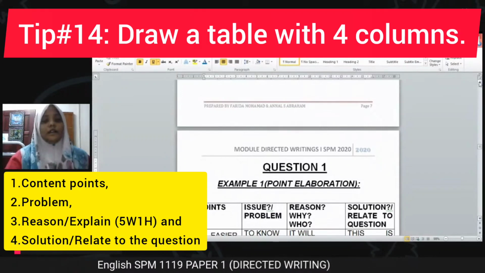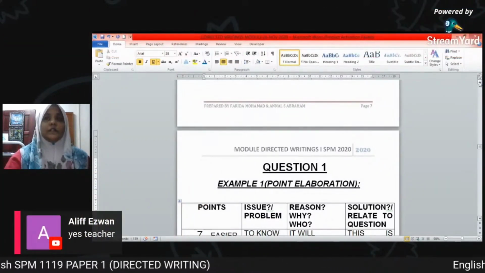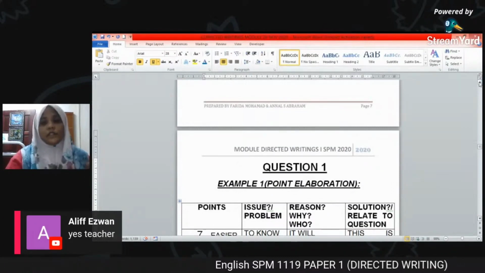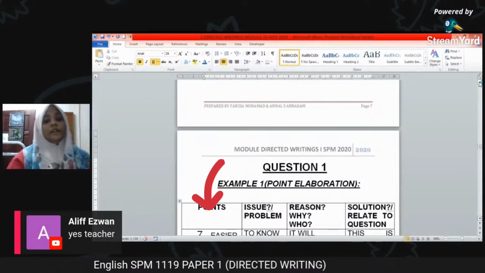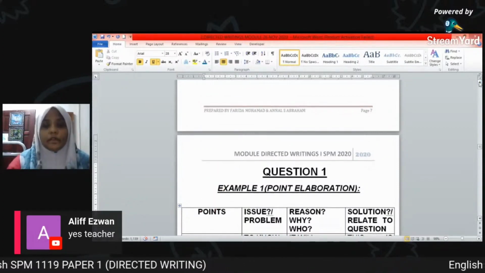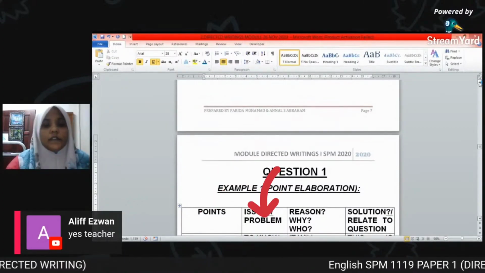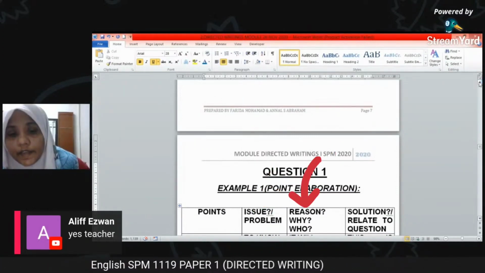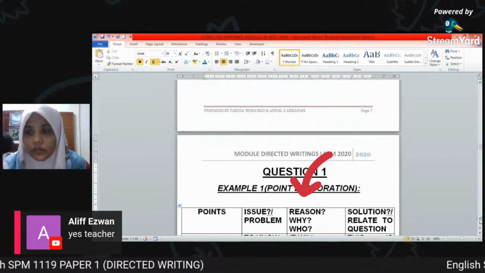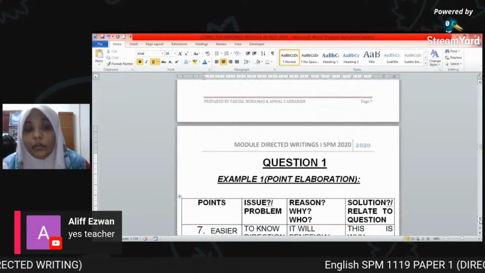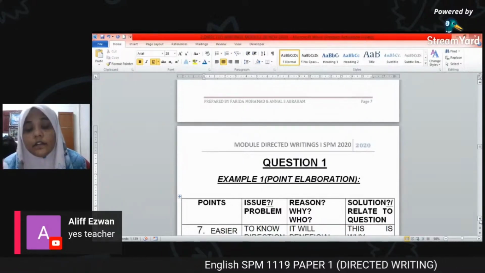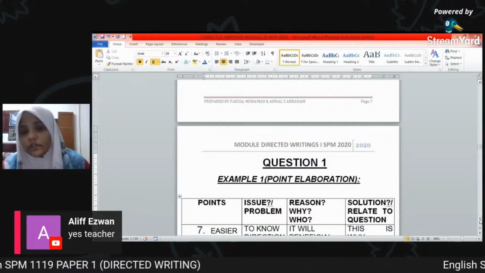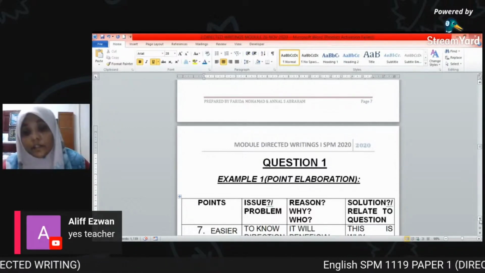Make sure you try to construct sentences based on these four things. First is the point given. What is the issue or problem faced? The next one is reason: why, who, or any questions related to the issue that you can ask.